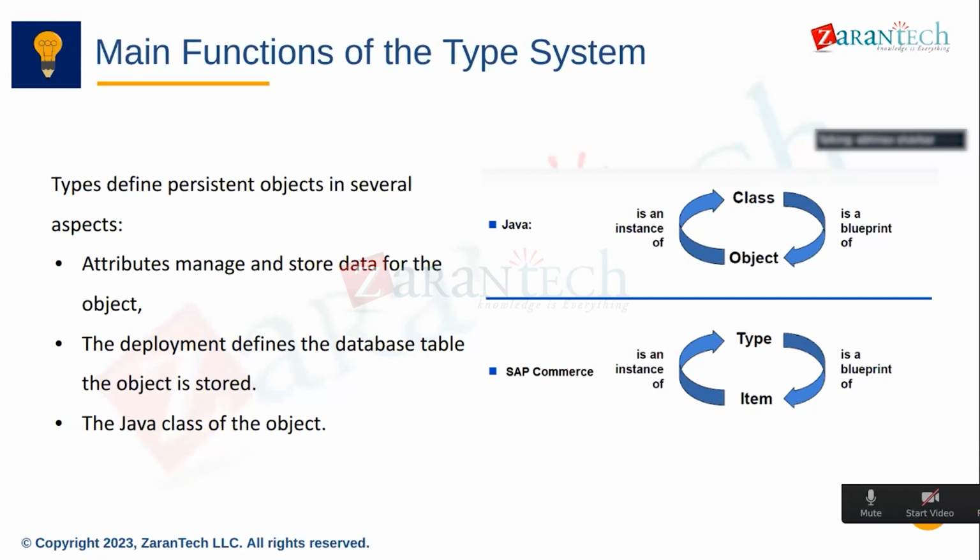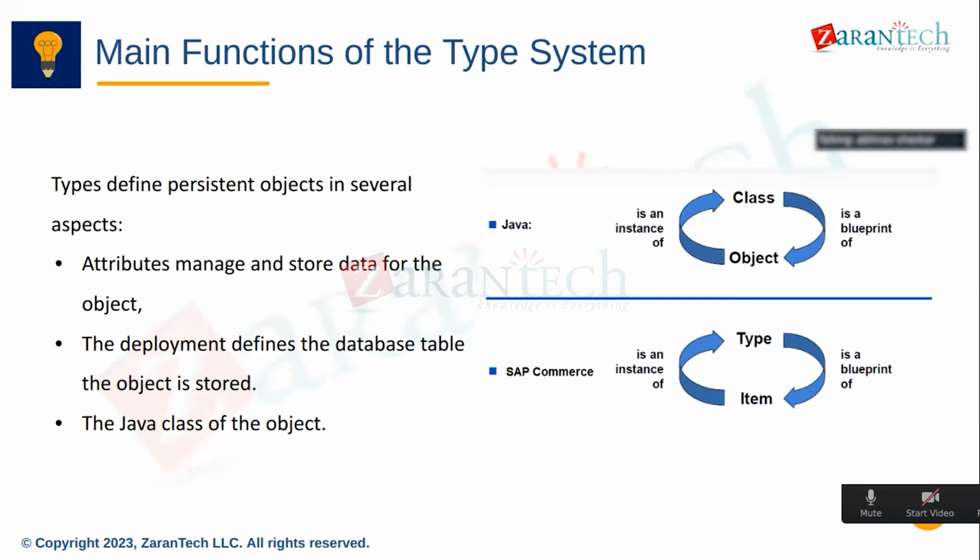No, if you see here, type is the blueprint. Type means it's a class. Item means it's an object. As you came from Java, it is pretty smooth for you. You know class very well, you know object very well. Here it's the same. So items are basically multiple instances of one class, so one type. Correct.